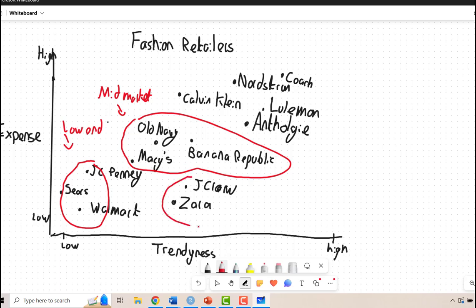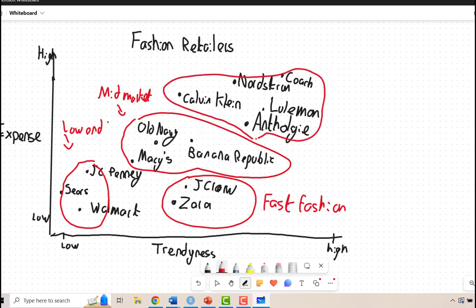We'd have our fast fashion. And we'd have the high end. Oh, and I can't draw properly. So we have the high end here. So this is literally what we're going to be doing in this class. We're going to be visualizing and putting into groups, to be segmenting.